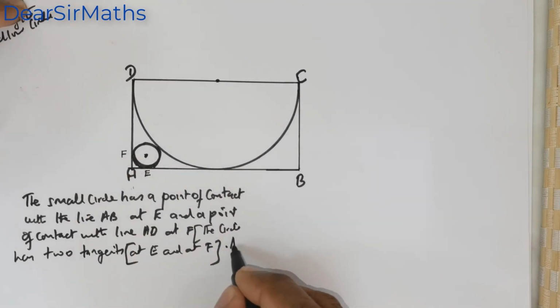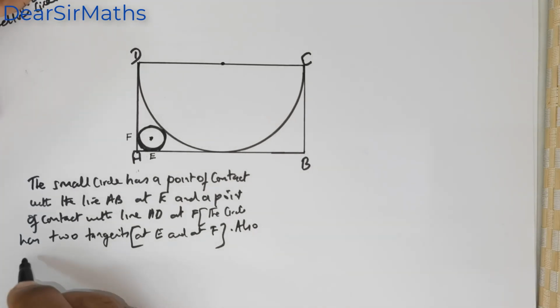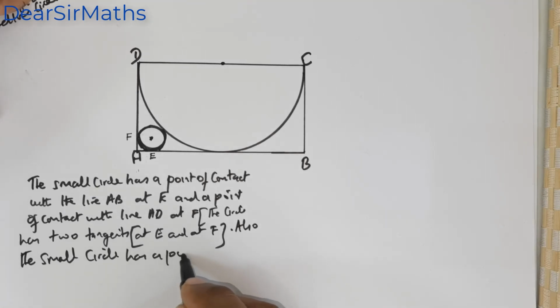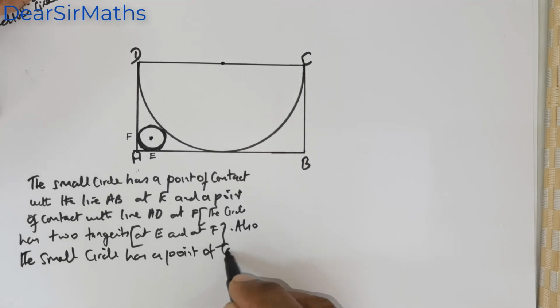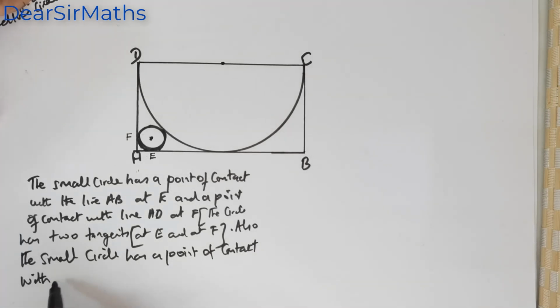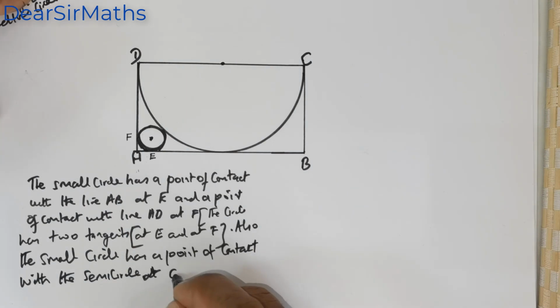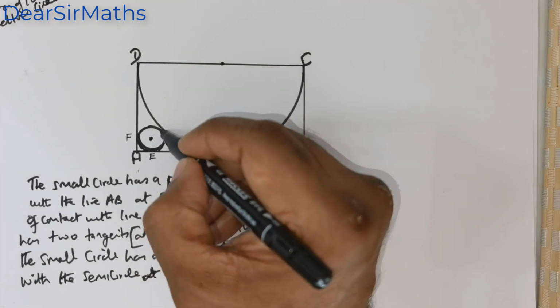Now also, this is another information I'm giving. Also, the small circle has a point of contact with the semicircle at, say, G. So there is a point of contact here.